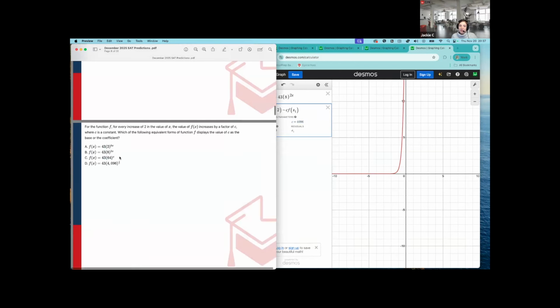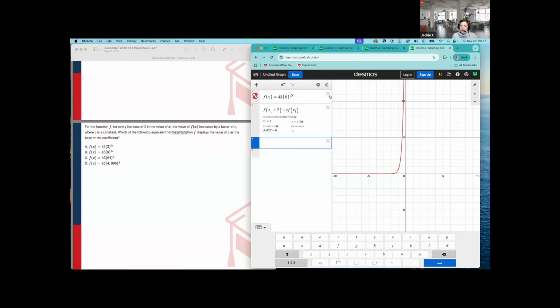You can choose any of the equations to help it read and figure out what's going to happen for every increase of 2 in the value of x. You might be thinking, oh, but what if I put in D? Well, let's go ahead and see, shall we? If I do that, f of x is equal to 43, and then we have 4,096 raised to the x divided by 2.